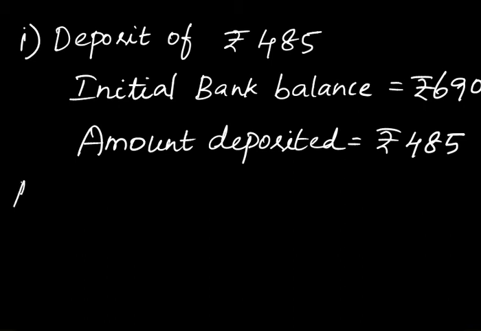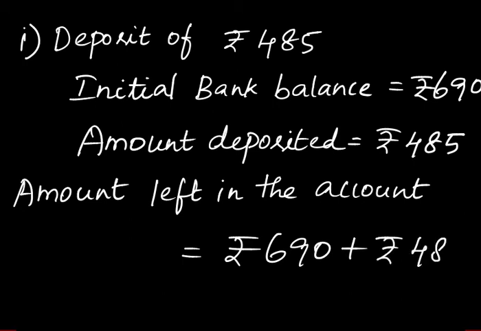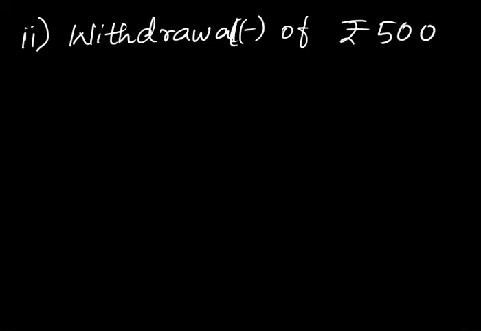So now the amount left in the account is equal to, add both, 690 plus 485, you'll get 1175 rupees. So the amount left in his account after depositing 485 rupees is 1175. Next question, withdrawal of 500 rupees. So the balance in the account now is 1175.